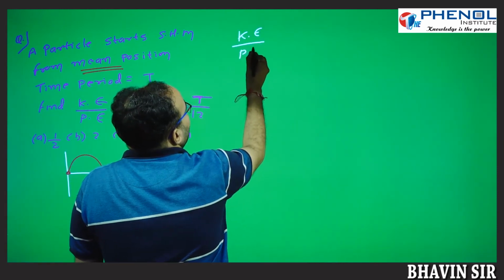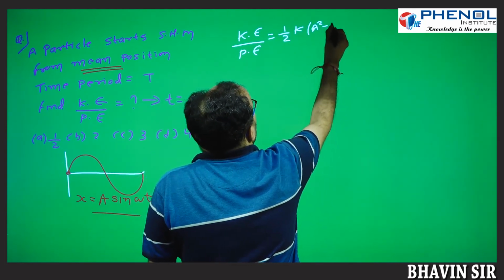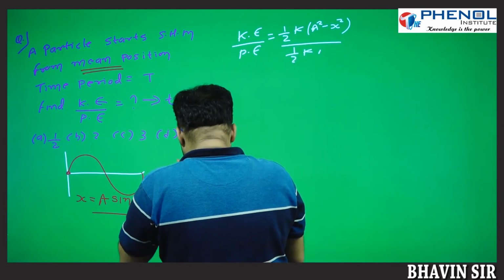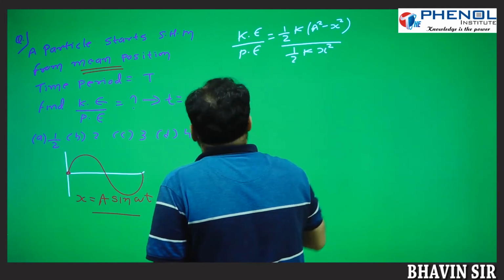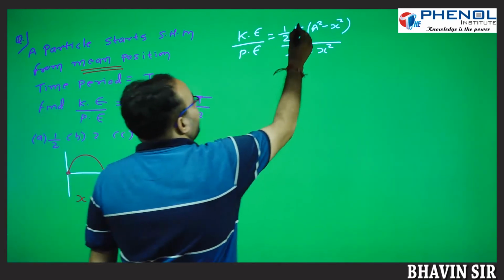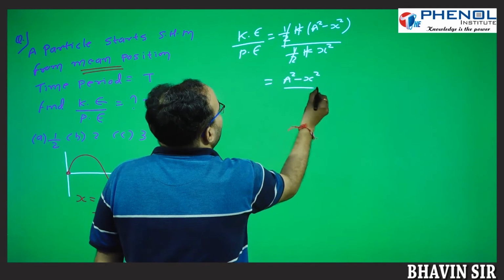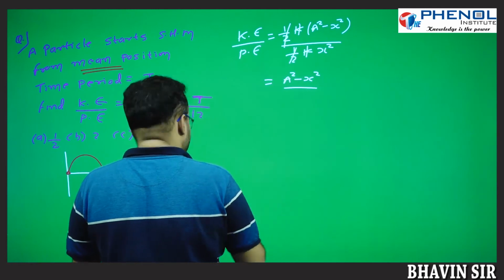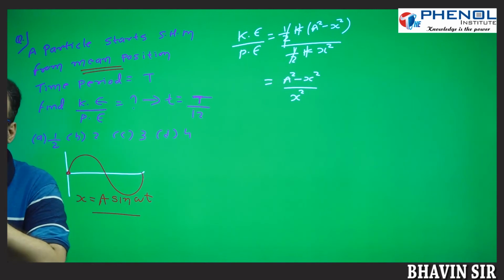Kinetic energy is half k times A square minus x square. Potential energy is half k x square. So k cancels, half cancels. So what is the answer? A square minus x square by x square.